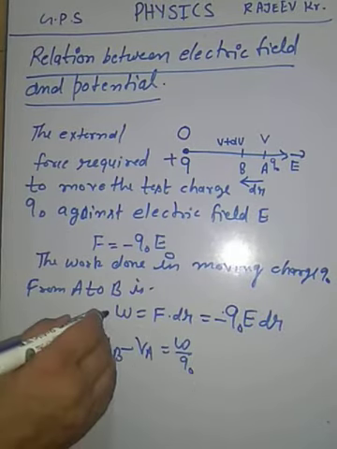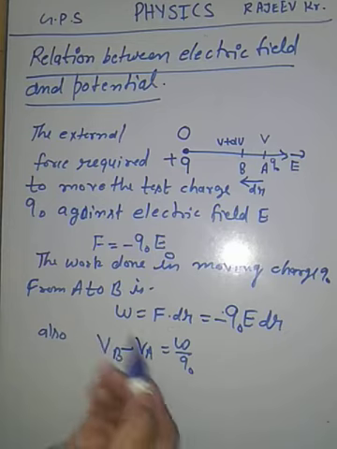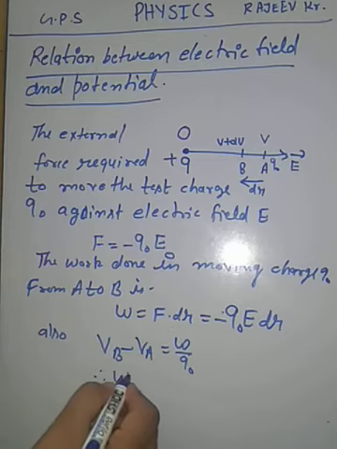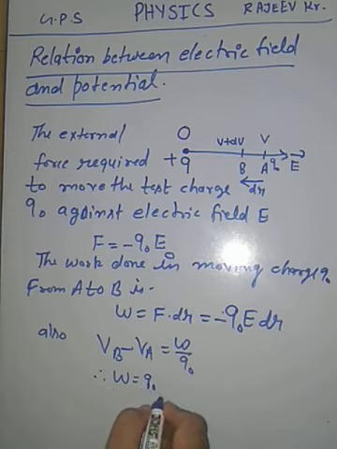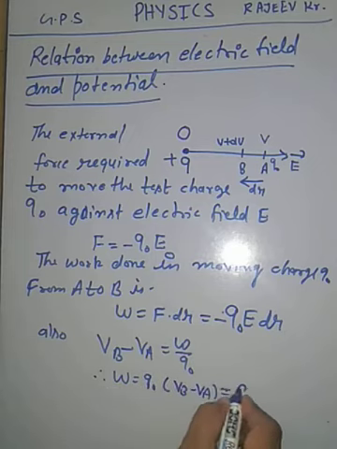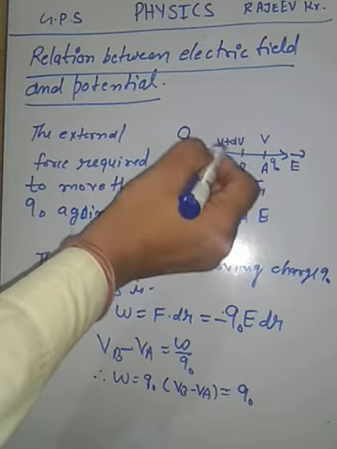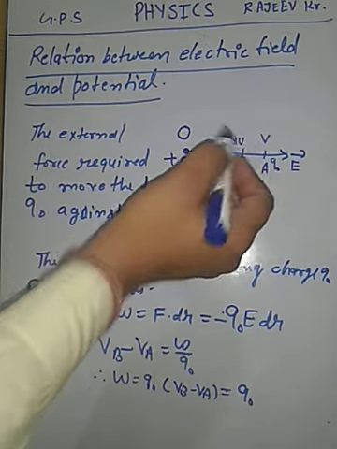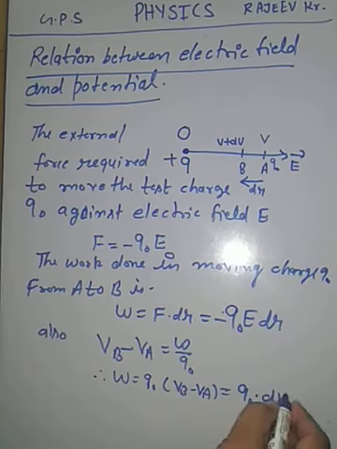Means we are again calculating the same work but in terms of the potential. Therefore, W equal to Q naught into VB minus VA. Here VB is V plus dV minus VA is V, then the answer will be dV. It is Q naught dV.